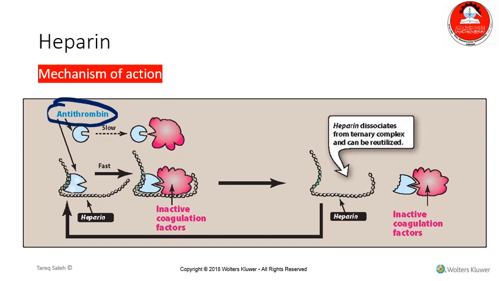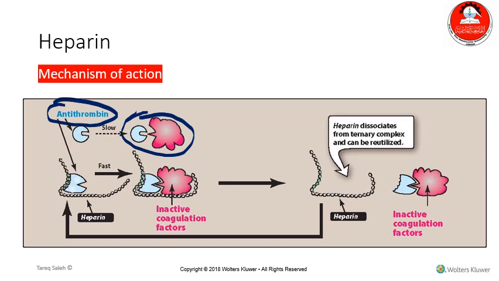So what happens is that antithrombin binds to the coagulation factors, whether it was coagulation factor 10 or thrombin, and results in its inactivation, preventing the conversion of fibrinogen into fibrin. This, of course, interferes with clot formation. However, the ability of antithrombin to inactivate thrombin and factor 10 is very slow.